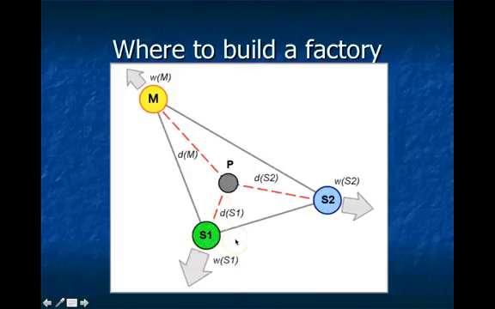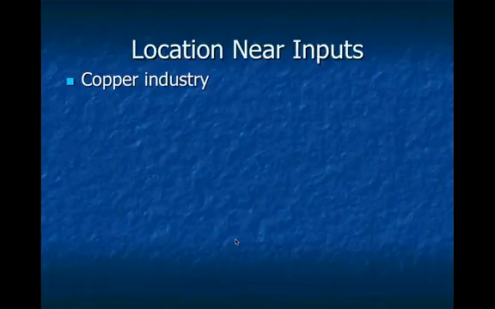Weber's least cost theory says whatever's most expensive, you move least. If it's the finished product, your good should be closer to the market. If it's the raw material that's going to be heavier, then you put your production plant closer to where the raw material is. That is Weber's least cost theory.